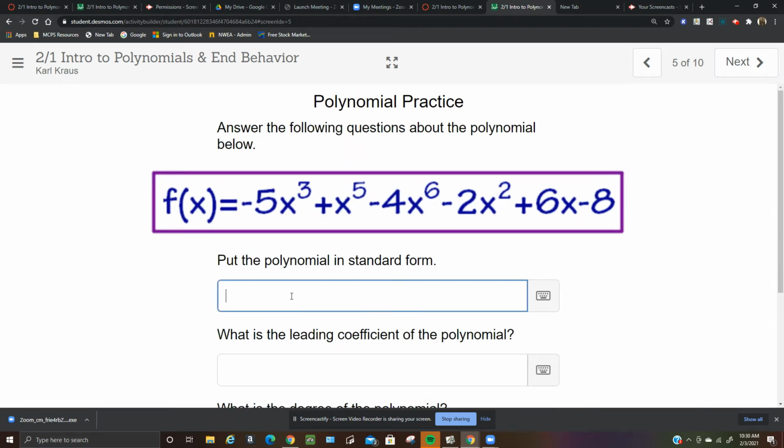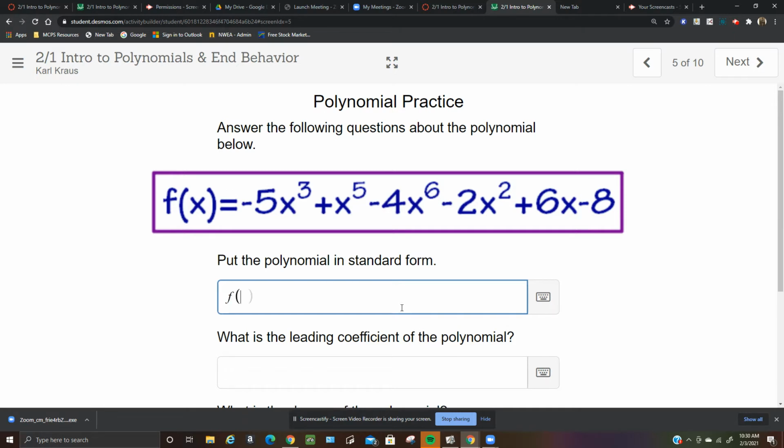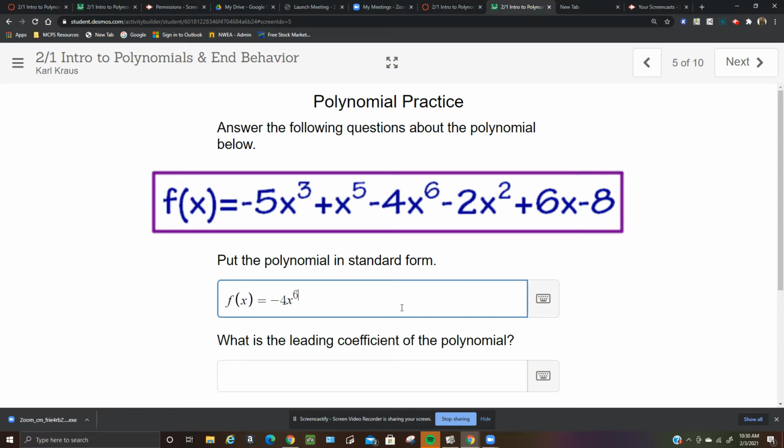So put this polynomial in standard form. So f of x equals, the highest power of x is 6, so negative 4x^6 plus x to the 5th.